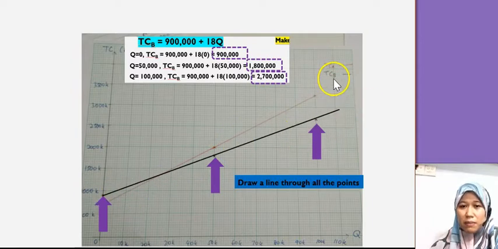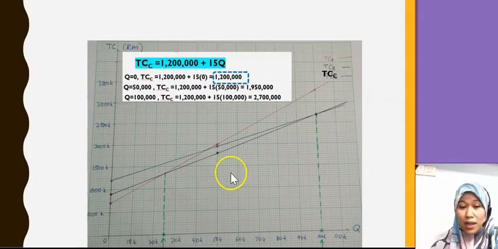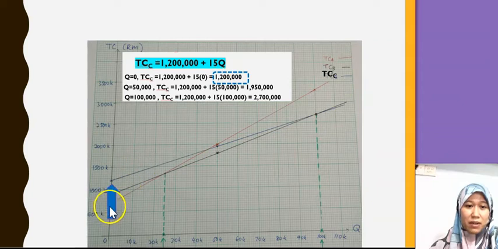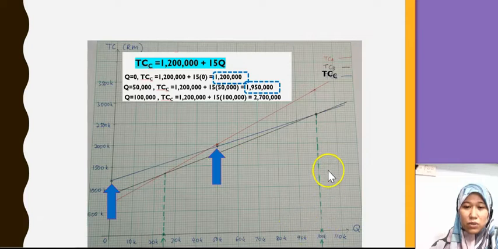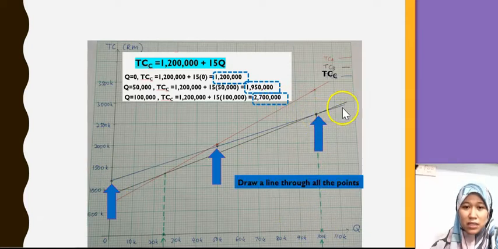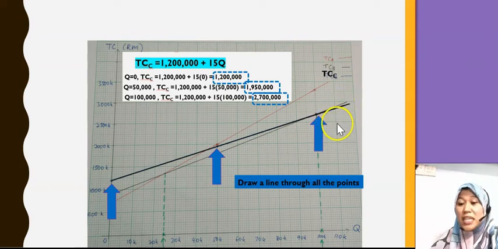Okay, label TCB, so we don't forget. Okay, now do TCC. TCC again, when Q is 0, is 1.2 million. Then for 50,000, and then for 100 it is 2.7 about here. So, one more line. So, you now have 3 lines.